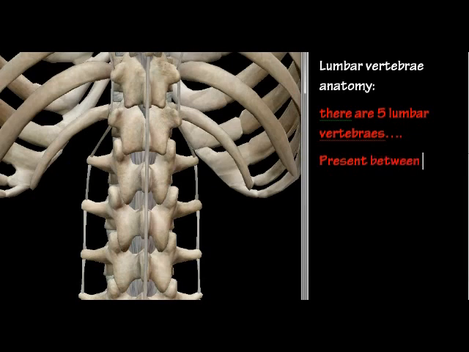They support the weight of the body and also permit the movements. Lumbar vertebra is present between the thoracic spine and the sacral spine.